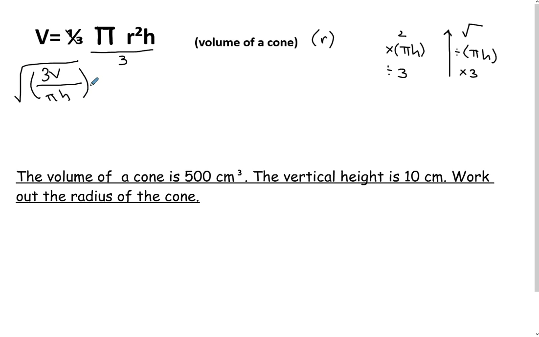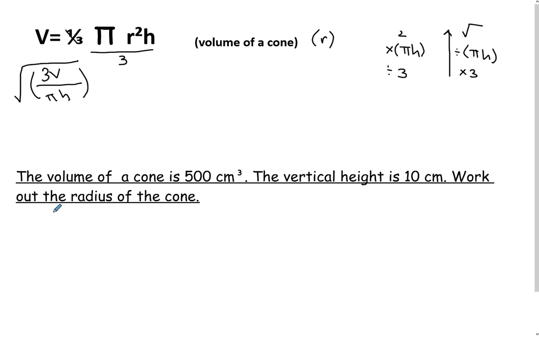Now once you get confident, you'll find that you'll be able to do it all in one go. Okay, and as I said, at higher GCSE level, when they give you the volume of a cone, and they give you the height, and you have to work out the radius, you can do it all in one go, which I'll show you.